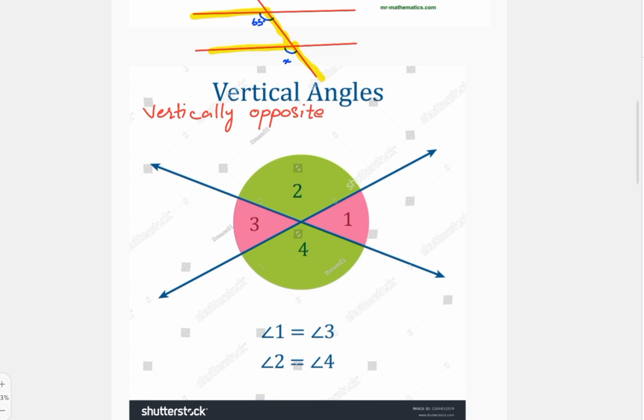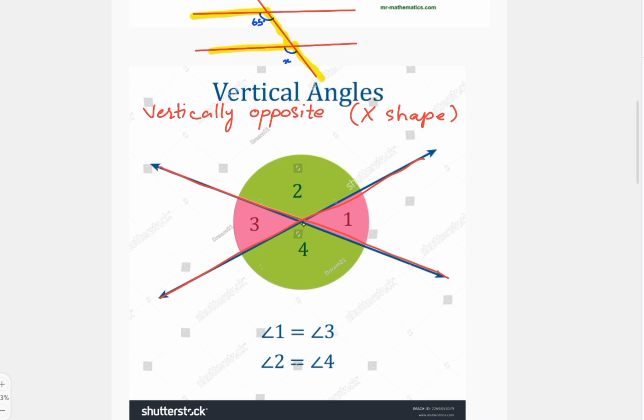So, as you can see, what shape are they making? They're making this cross thingy, they're making the X shape.